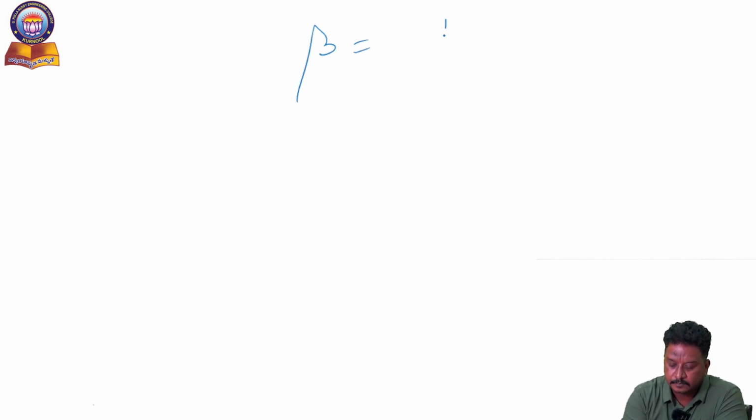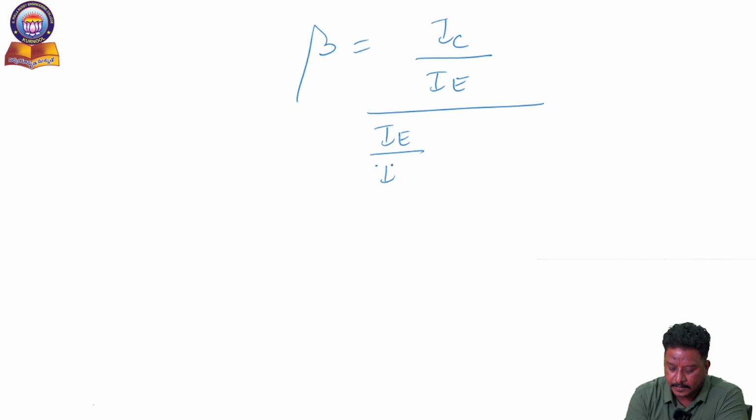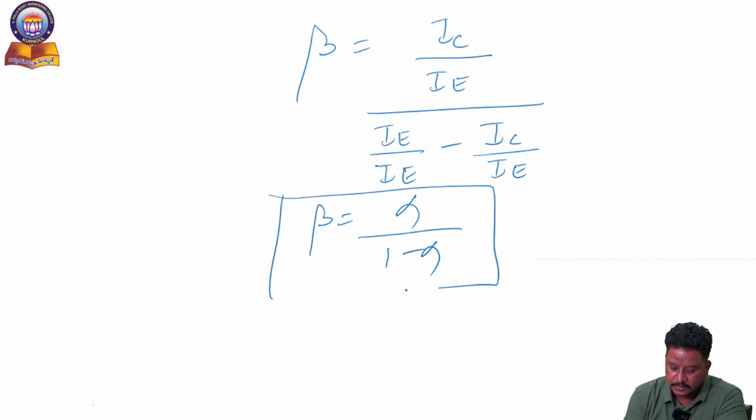By dividing numerator and denominator, beta is equal to (IC by IE) by (IE by IE minus IC by IE). From the common base configuration, we know that alpha by 1 minus alpha. That is a relation between the amplification factor of common base configuration as well as common emitter configuration.